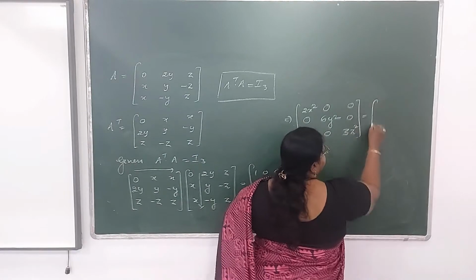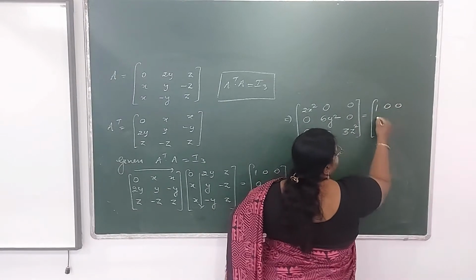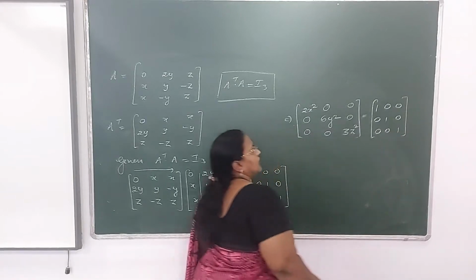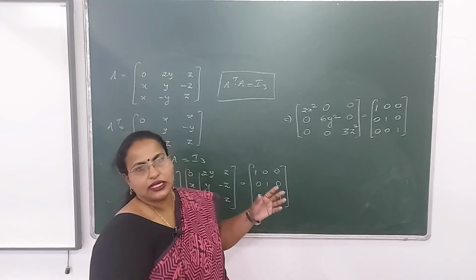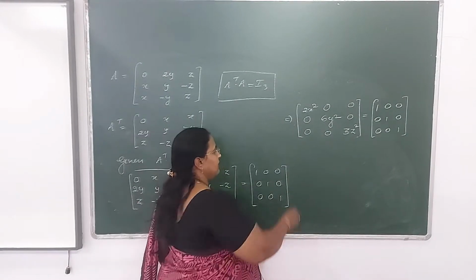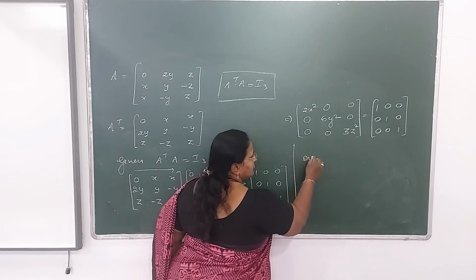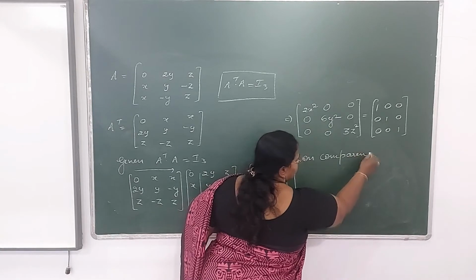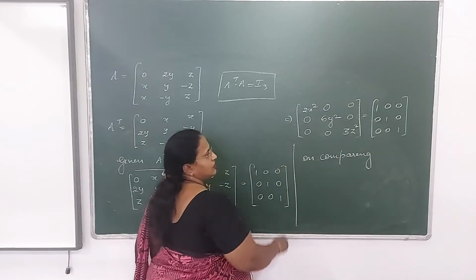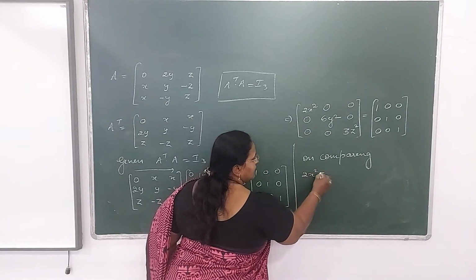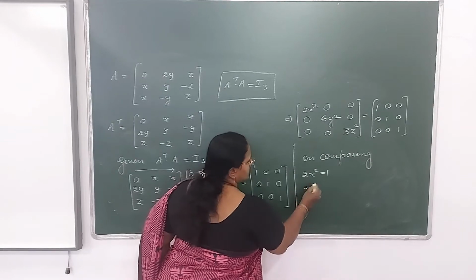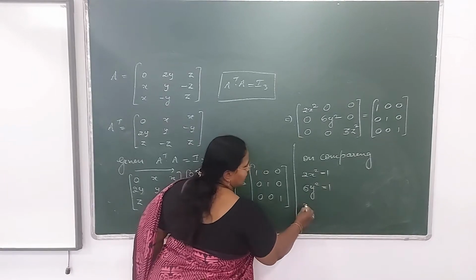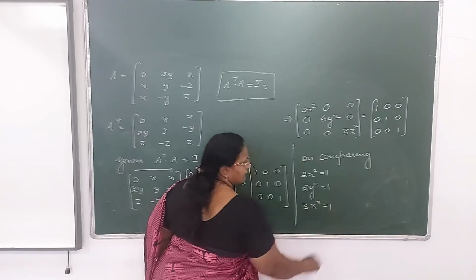So the left is already done now. Right side we are knowing it. It's 1 0 0, 0 1 0, 0 0 1. Now what to do? We'll be applying the concept of equal matrices. Directly we'll go for comparison. So on comparing the entries, here you will get 2x square as 1. Likewise, 6y square is equal to 1. 3z square is also 1.